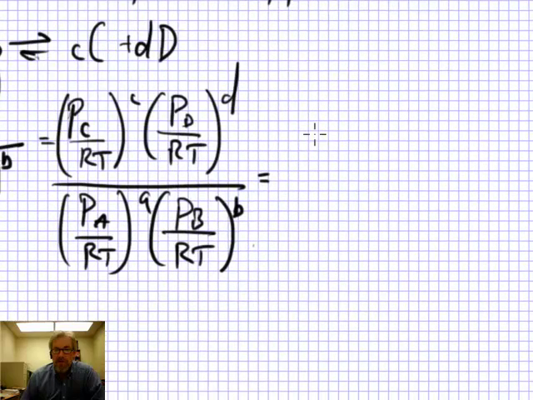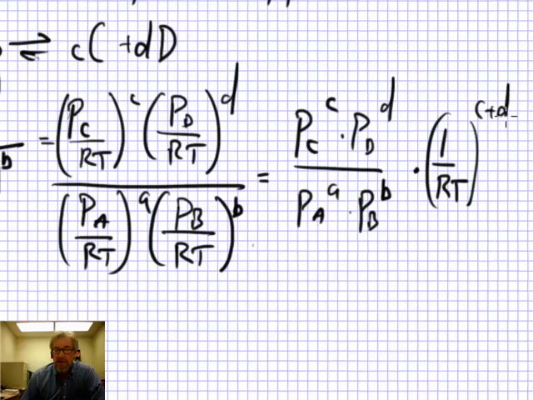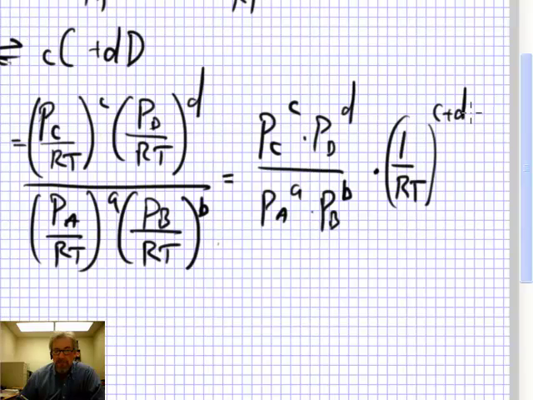So this comes down to Pc to the c times Pd to the d over Pa to the a times Pb to the b times 1 over RT raised to the (c plus d) minus (a plus b).